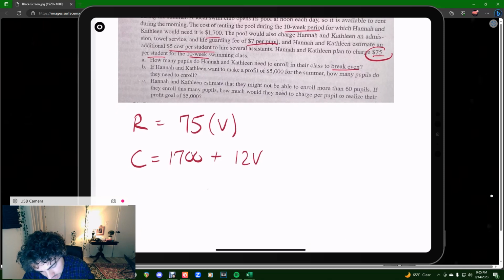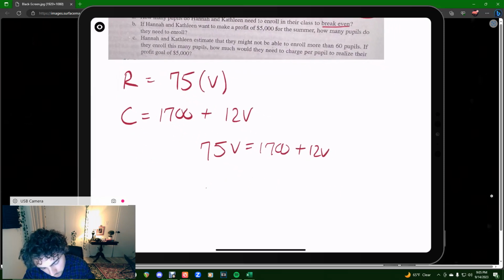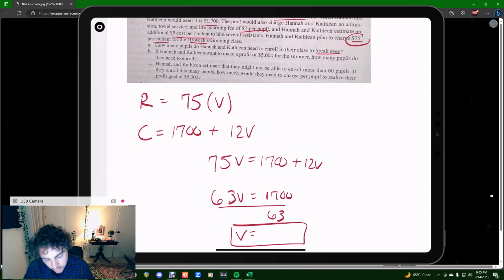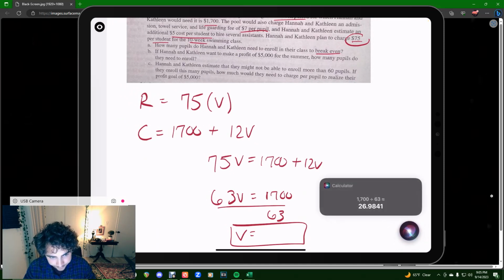Now we just set the revenue equal to the cost and solve for V. So 75V equals 1,700 plus 12V. We subtract 12V and we get 63V equals 1,700, and we divide by 63 to get the volume for which we should break even, the number of students they should enroll. 1,700 divided by 63 is approximately 26.9841.